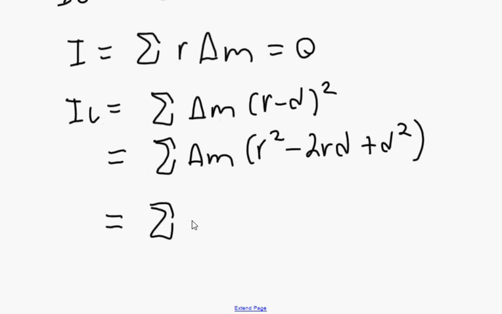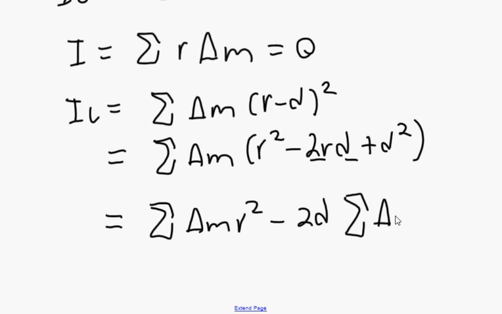The first sum is delta m r squared. The second sum is minus 2d, and remember, 2d is a constant, isn't it? And then it's going to be the sum of delta m r. And finally, the last one is going to be d squared delta m.